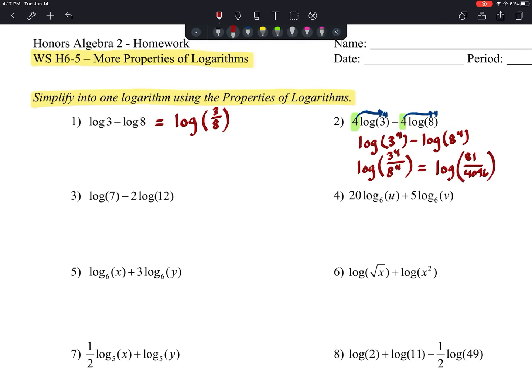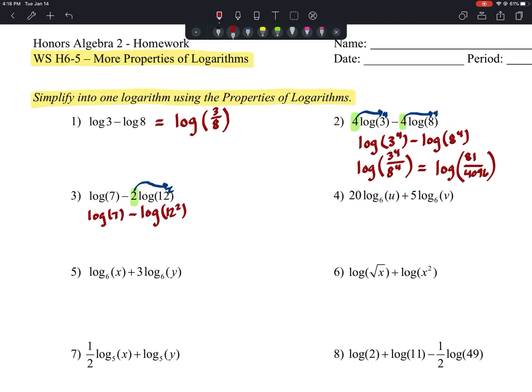Okay, so number 3, we have log of 7 minus 2 times the log of 12. Again, notice the coefficient out in front. So take it here, move that up as the exponent on our value. So we're looking at log of 7 minus the log of 12 squared.